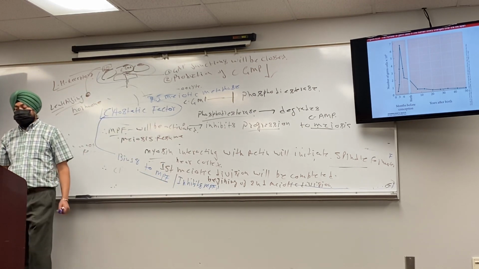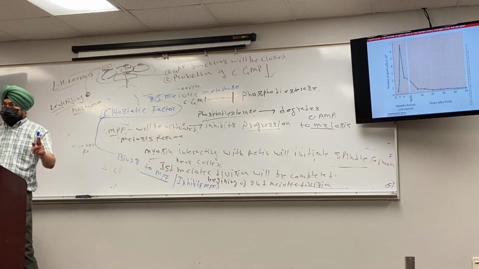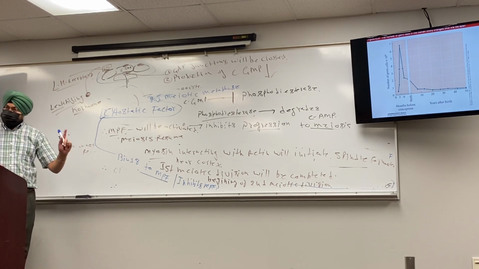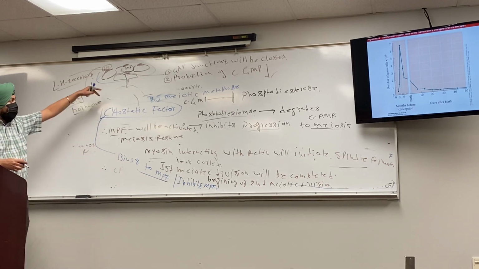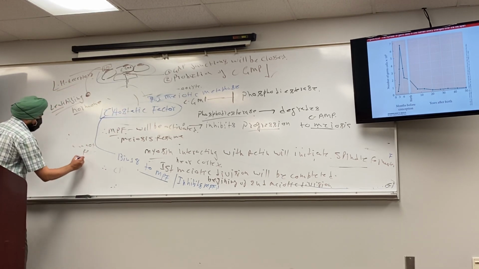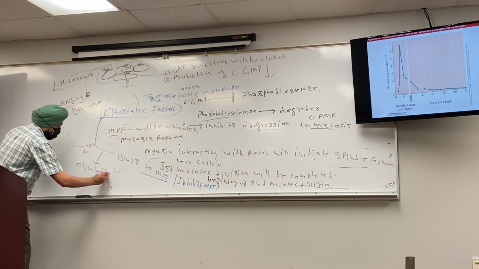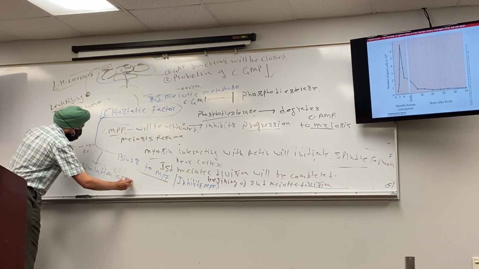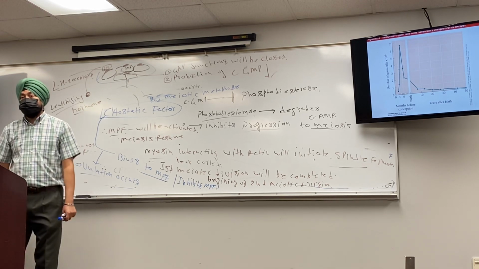So MPF is now inhibited. When the MPF is inhibited, that means division is stopped at second meiotic metaphase. At this stage, ovulation occurs.